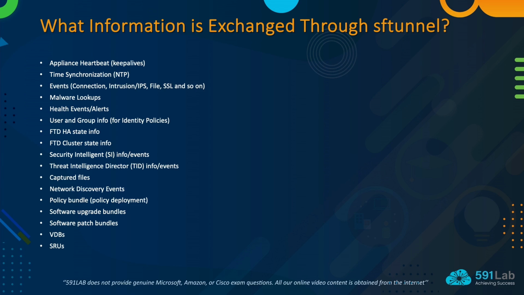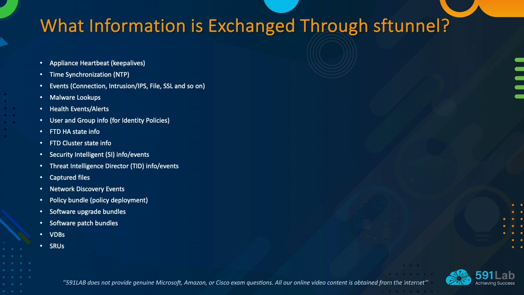Then we have the events, which could be connection events, IPS, IDS, file, SSL, and others. We have the malware lookups, health events or alerts, and user and group info, which are all exchanged through this SF tunnel.